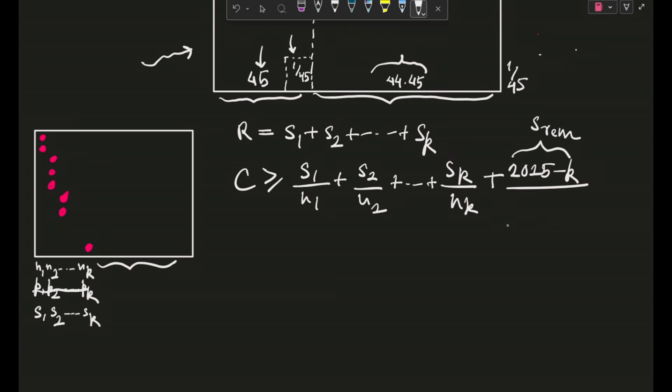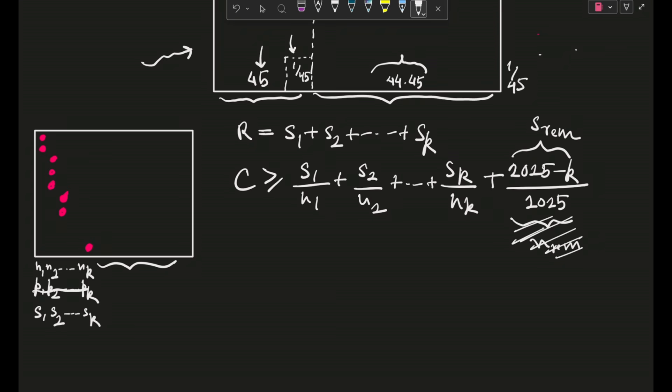And the denominator will be N remaining. Or wait, don't signify this as N remaining. Just listen: 2025 minus k, because there are k spaces occupied, and 2025 minus k left, and 2025 because the total places were actually 2025. Don't confuse in this part.